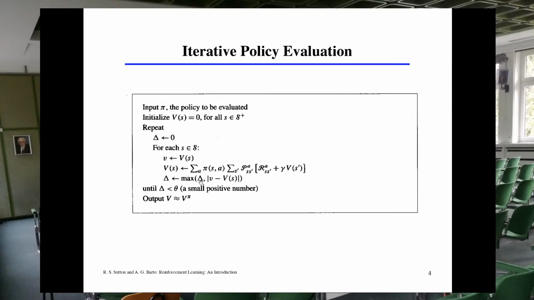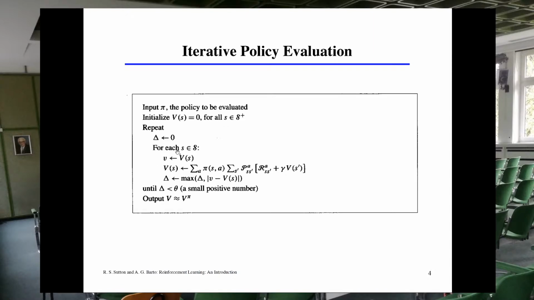The previous delta stores at this moment the difference between the previous and the current value for state 1, if you remember. So you are going to say, okay, is this difference larger for state 2 or for state 1? If it is larger now, then that will be the new value of delta. If not, you will keep here the difference for state 1.